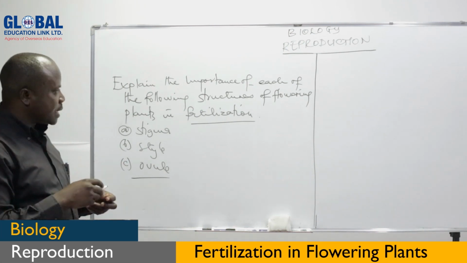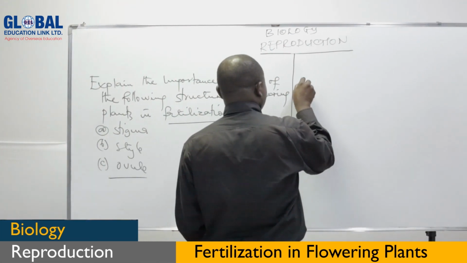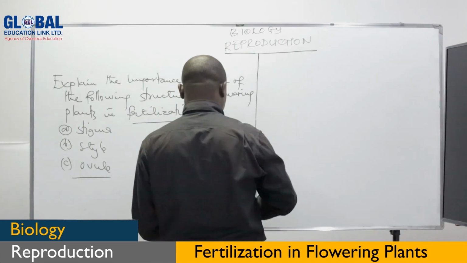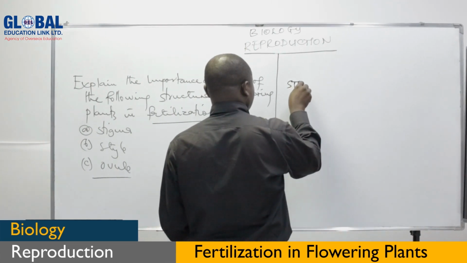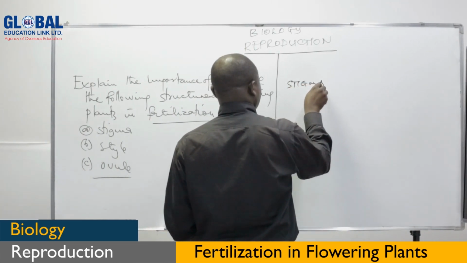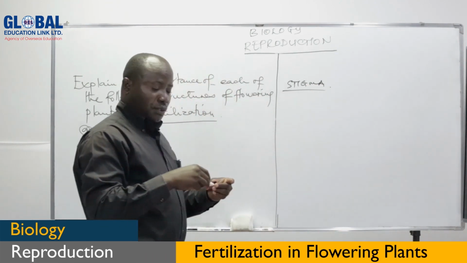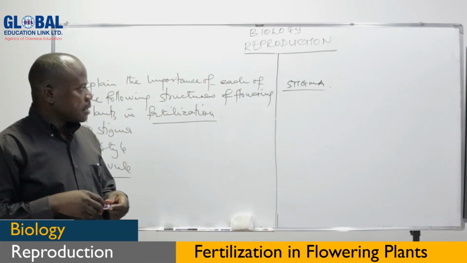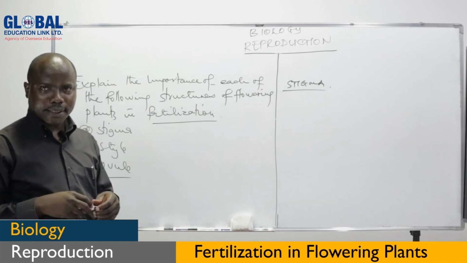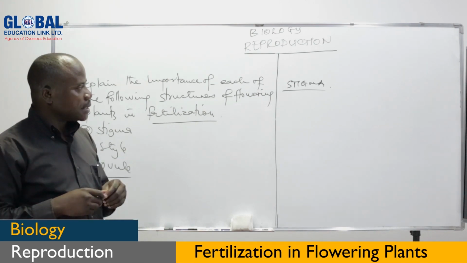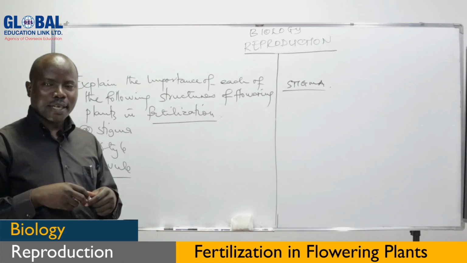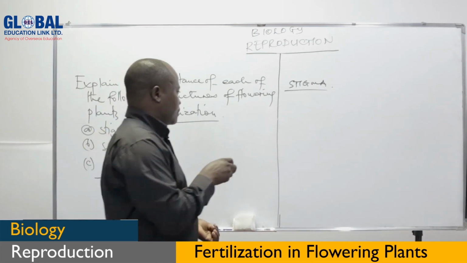To respond to this question, you have to explain the importance of stigma. Dear students, a stigma is a part of the female reproductive part. It is this part which receives the pollen grain from the anther.